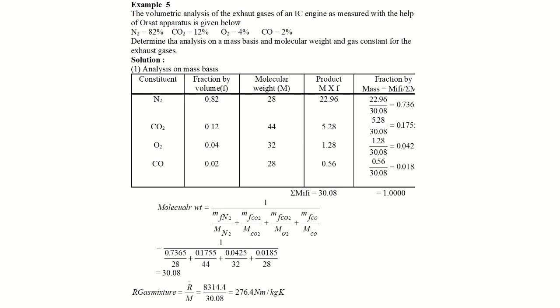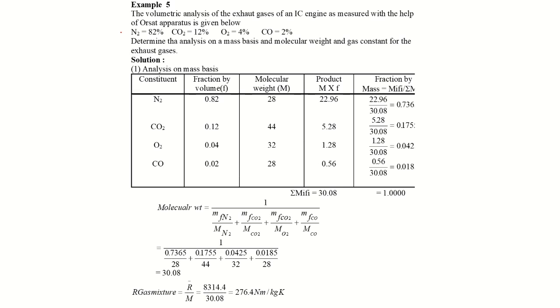The volumetric analysis of the exhaust gases of an IC engine as measured with the help of Orsat apparatus is given below. So we use Orsat apparatus to find out the composition of the exhaust gases. Nowadays people hardly use Orsat apparatus. We have gas probes.